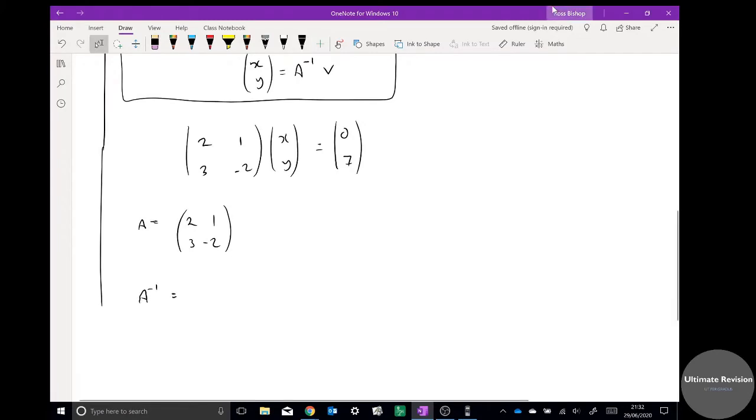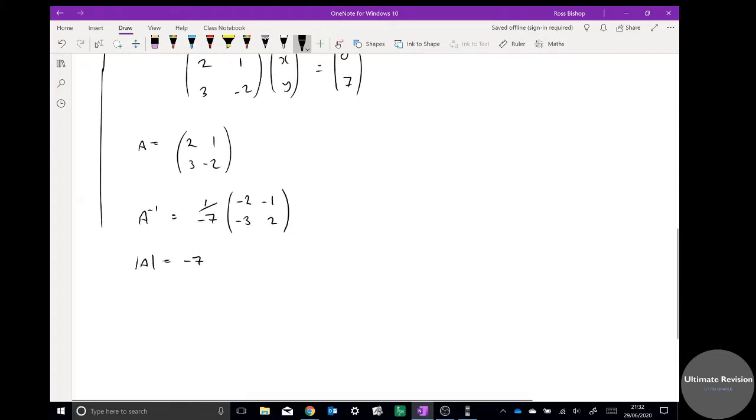I can do this on the calculator, or I can do it longhand. For 2 by 2, it's not too bad. The determinant of A is going to be minus 4 minus 3, so minus 7. So the inverse is 1 over negative 7. You flip those two, and you flip the signs on the other diagonal, giving minus 3, minus 1. Okay, so that's the inverse.